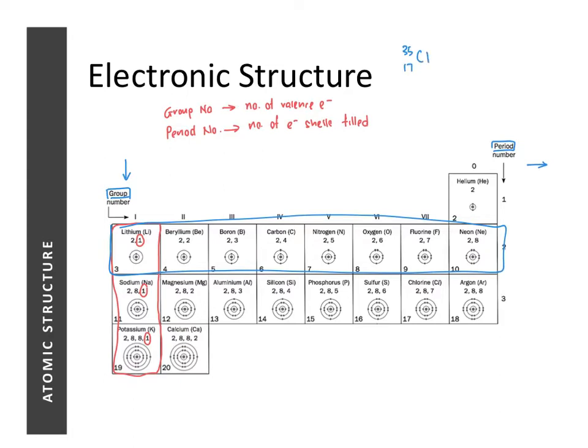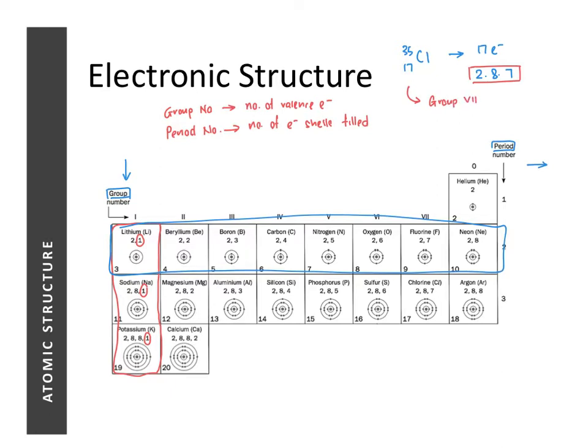Chlorine has the following proton and mass numbers. So we can tell that chlorine has 17 electrons, which will be arranged in the electronic configuration 2.8.7. Based on that, there are 7 valence electrons, meaning chlorine must be found in group 7.